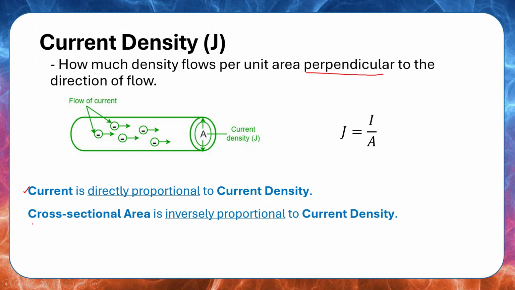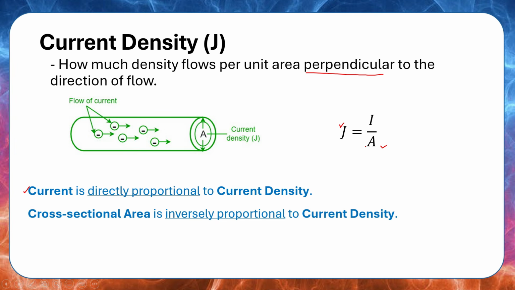Now, in the second one, cross-sectional area is inversely proportional to the current density. This time we're talking about the relationship of this and this. It says inversely proportional, and why? Because J is in the numerator and A is in the denominator. And remember, inversely proportional means if the cross-sectional area is bigger, current density is smaller.